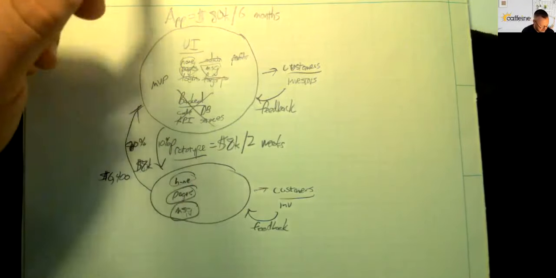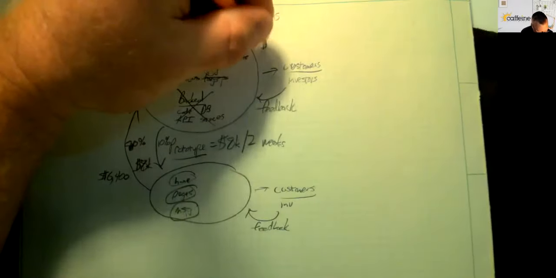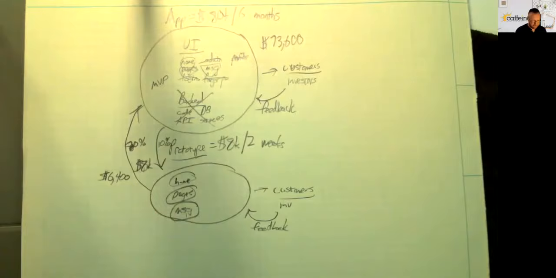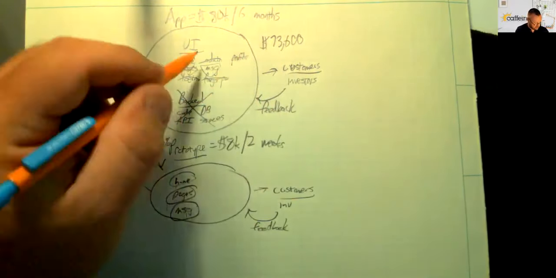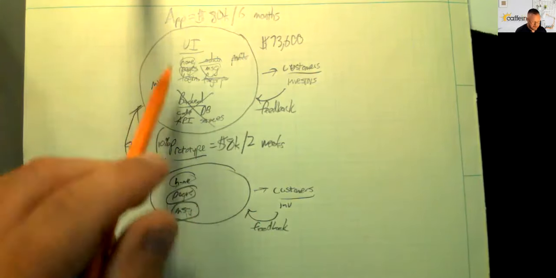So your app that was going to cost 80 grand now costs $73,600 after doing the prototype, because you've already mocked up these screens. Those are things you don't have to do when you build the MVP. And you've also hedged against any negative feedback or major corrections you need to make with the prototype. So this is awesome.